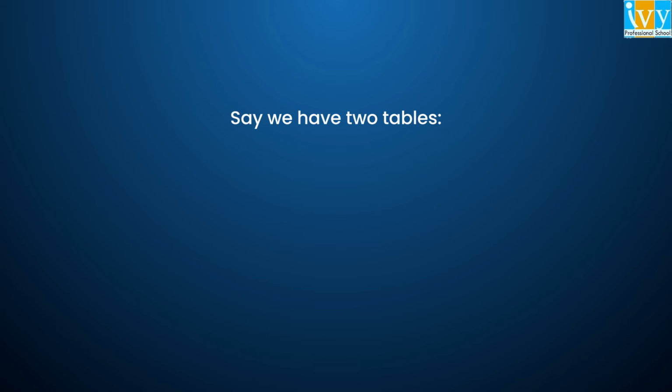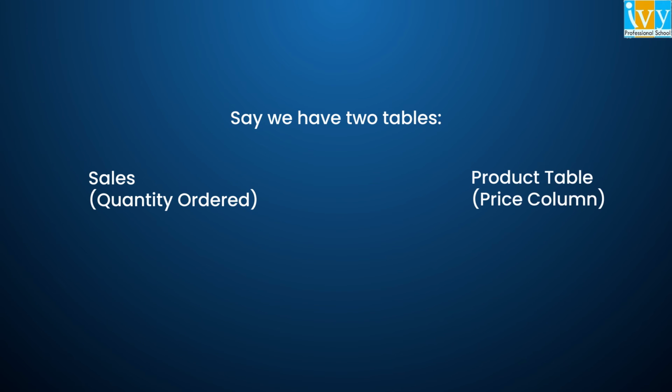Say we have two tables, sales and product. The sales table consists of only the order quantity and the product table consists of the price of each of the products for each quantity. Now, if we want to find out the total sales, we will have to pull the price from the products table into the sales table. For this, the following syntax will be used.